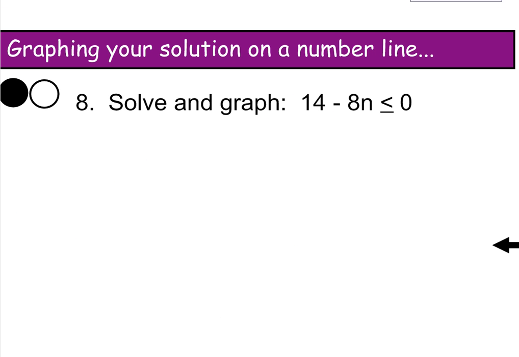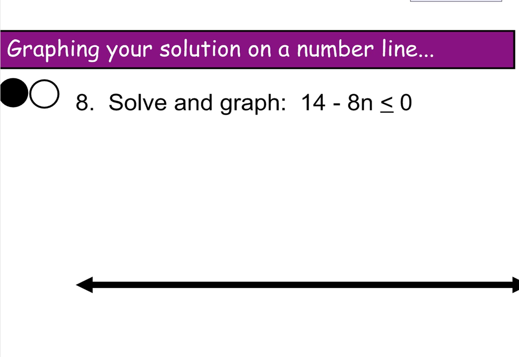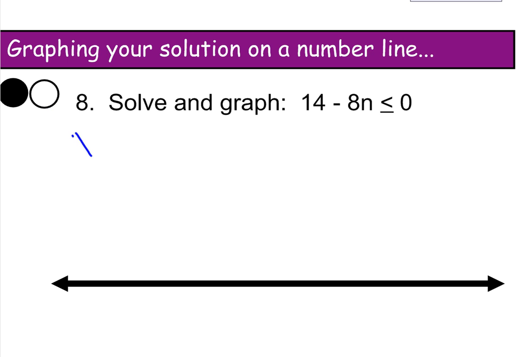So solve and graph 14 minus 8n is less than or equal to 0. So we want the number line. So take a look. Subtract 14 from both sides, just algebra rules coming back.